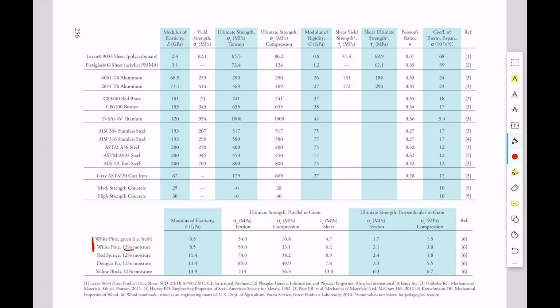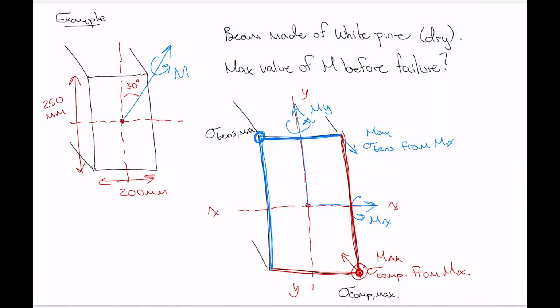So for the dry white pine, we've got a tensile ultimate strength of 59 megapascals and a compressive ultimate strength of 33.1 megapascals. So almost twice as strong in tension than in compression. So thinking about our beam, then we just return to here.